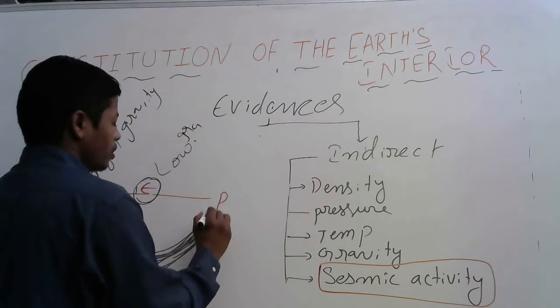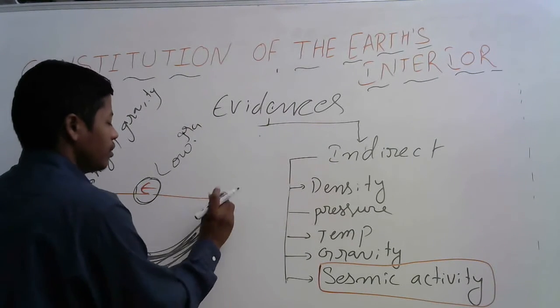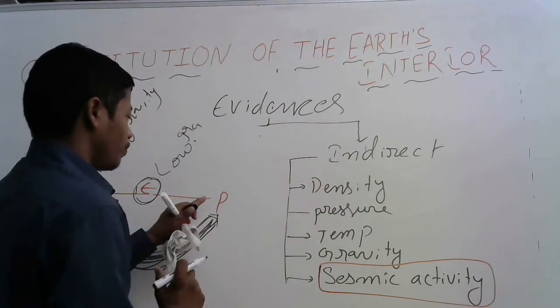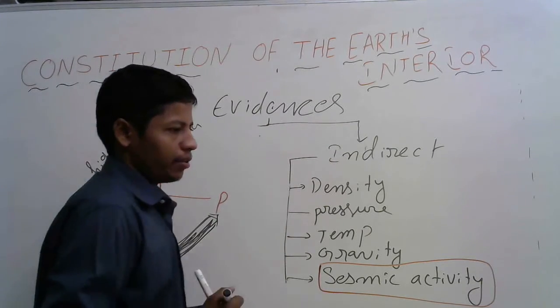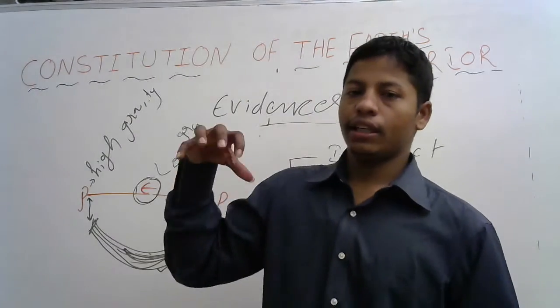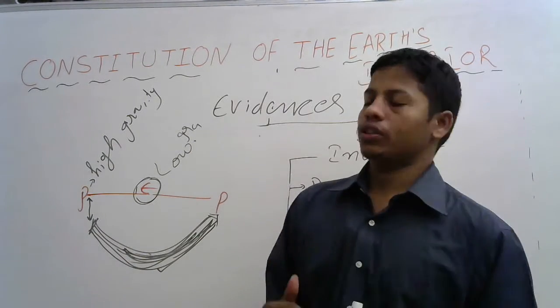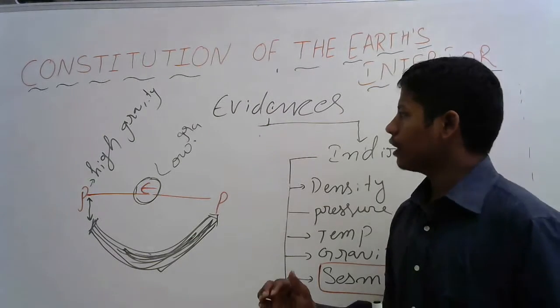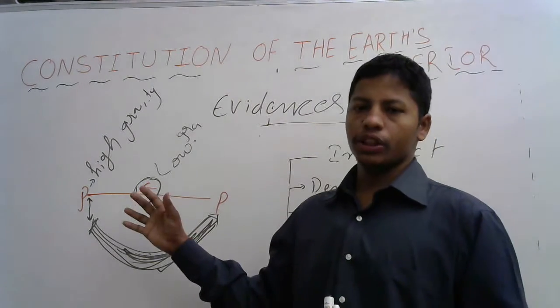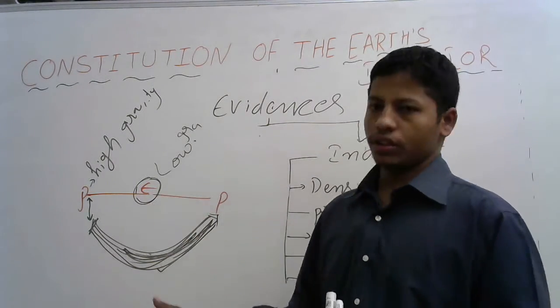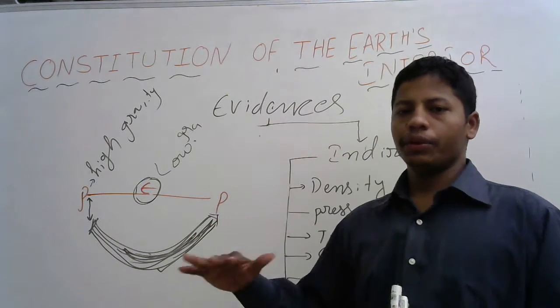At the poles, the distance from the molten material to the earth surface decreases, so gravity will be high. This shows the earth interior is at a high distance from the surface at the equator. So many space stations are near the earth equator.